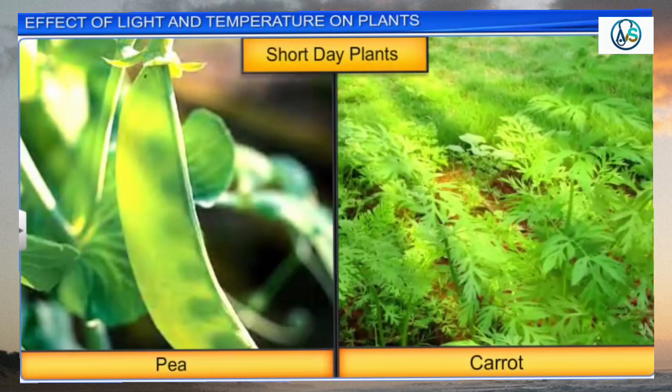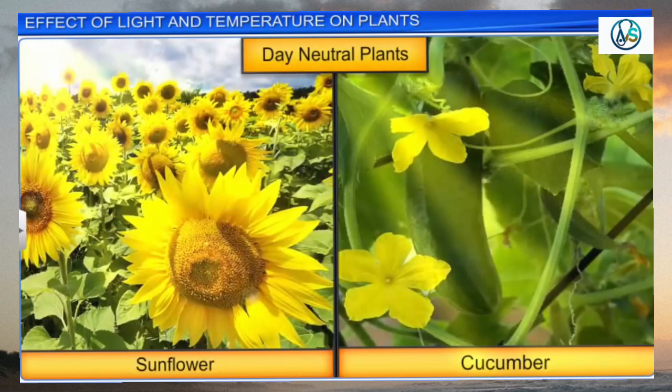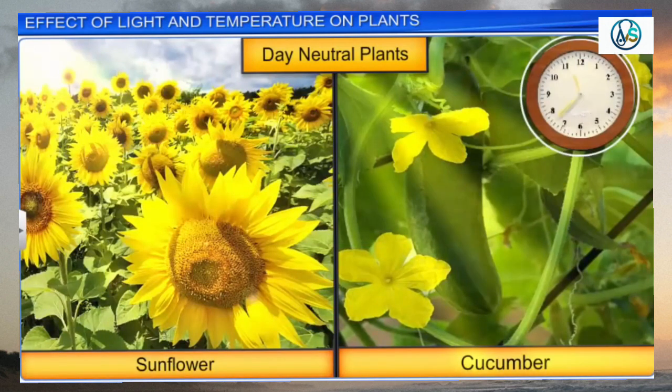Short-day plants like pea and carrot need less than 12 hours of light exposure to induce flowering. While day-neutral plants such as sunflower and cucumber can produce flowering with more as well as less light exposure.